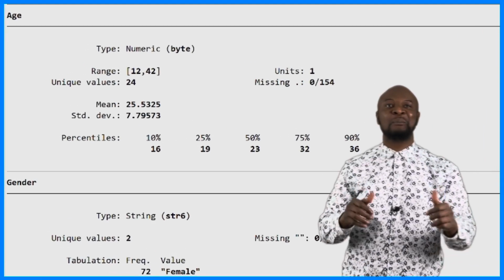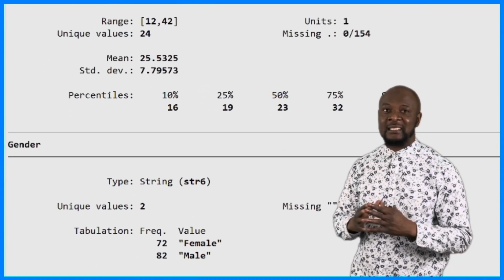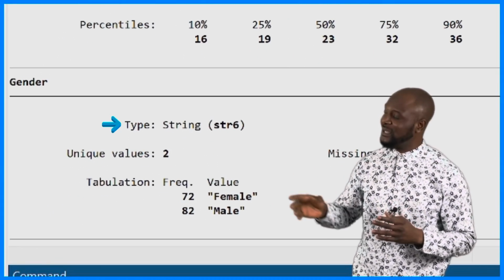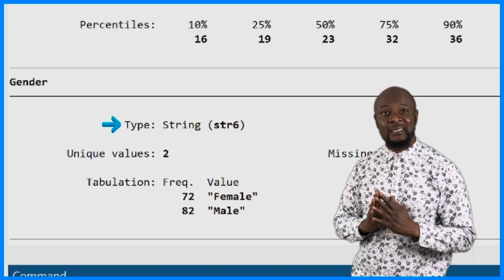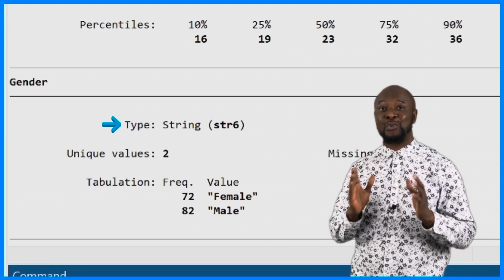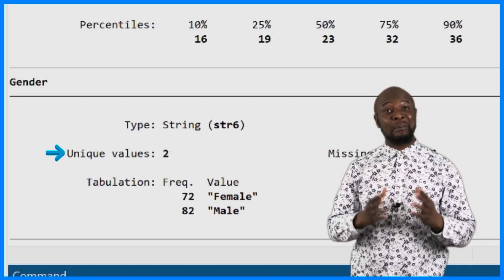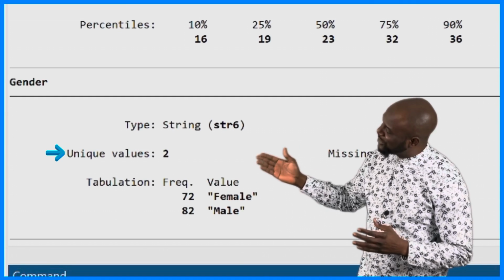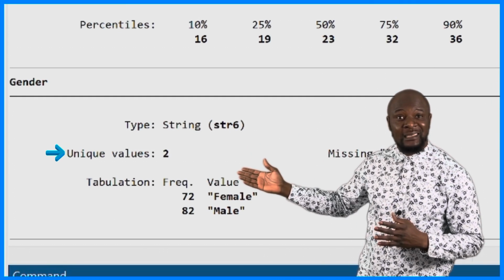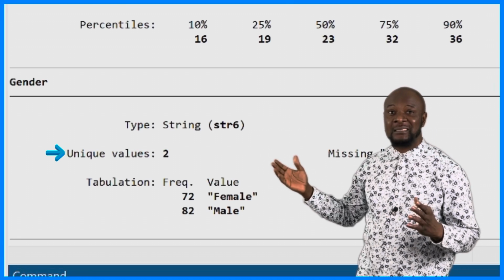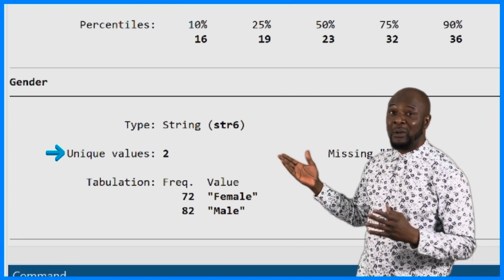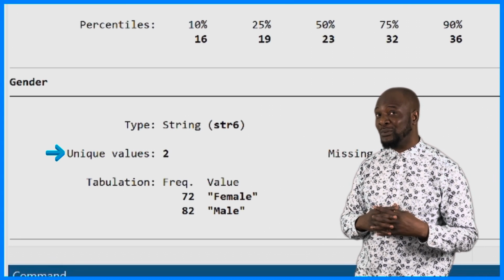Now, let's look at the next variable, gender. You can see it says it's a string variable, meaning it's categorical or non-numeric. It has 2 unique values. And please just see how good this software is. This software didn't start talking about mean here, and the rest of the other things, percentiles and the rest, like when we were doing the analysis of the age variable.